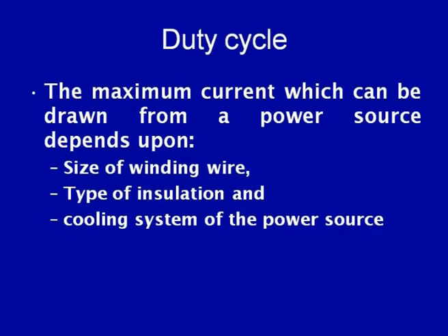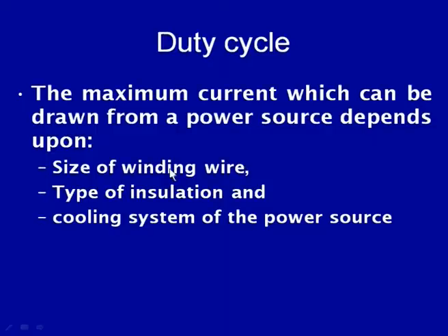So, the factors that affect the duty cycle and the capability to draw high current: the maximum current which can be drawn from the power source at a particular duty cycle depends upon the size of the wire. We know that electrical resistance heating is governed by the electrical resistance offered by the conducting wires used in the cables and the coils.